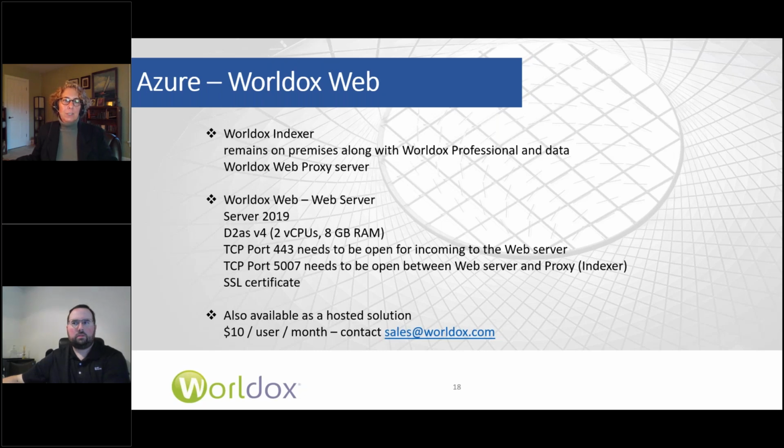You just need to open a port that connects your indexer, which has the proxy server installed, to the web server, use port 443, and set up your SSL certificate. And you've now got Worldox Web with the web server hosted in Azure, even though you still have Worldox on premises. I also mentioned that it's available as a hosted solution.